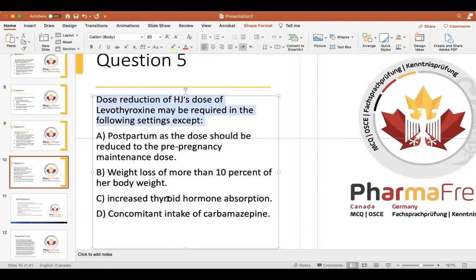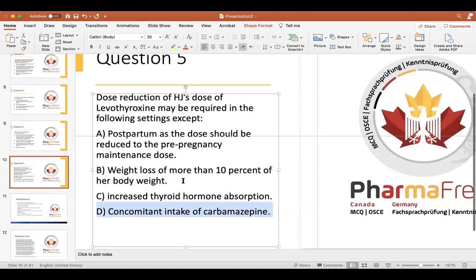You can decrease the dose if thyroid hormone absorption increased, or if she lost more than 10% of her weight, or if she is in the postpartum period. Except if she is taking carbamazepine concomitantly, then you have to increase the dose. Okay, that's it.